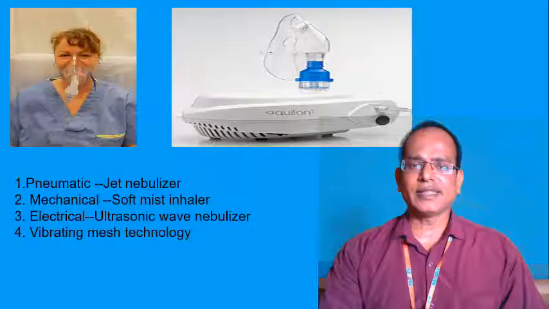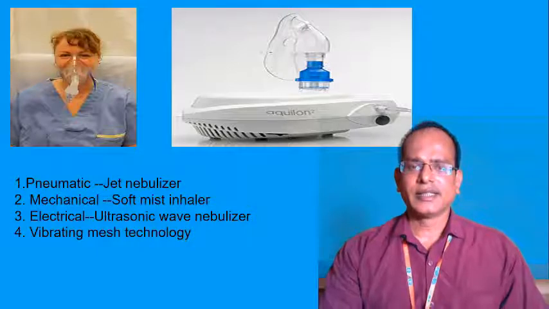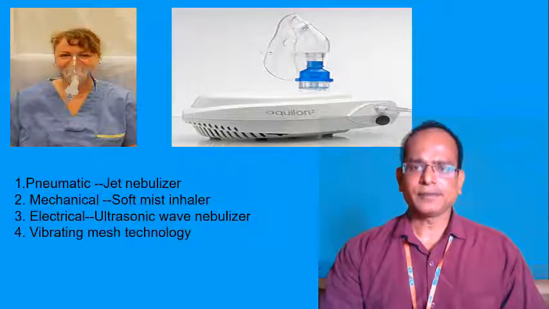So here we will see the types of nebulizer. The first type is called a pneumatic jet nebulizer. The second one is the mechanical nebulizer, which is like a soft mist inhaler. The third type is the electrical type nebulizer, which operates on the principle of ultrasonic waves, so we call it an ultrasonic wave nebulizer.